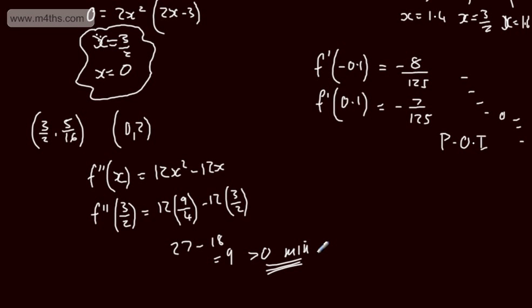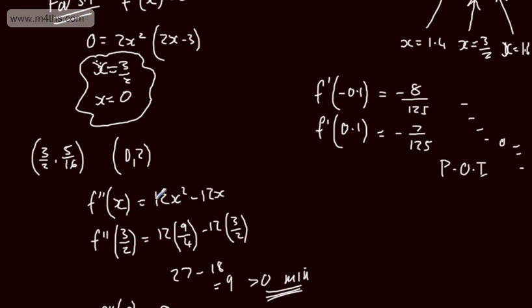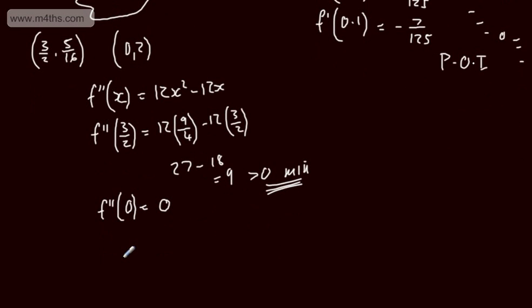Now what happens here? If I do f double dashed of 0, then I'm going to end up with 0. Okay? We're subbing it into the second derivative here. So at this stage, what I could go ahead and do is take the third derivative if I wanted.